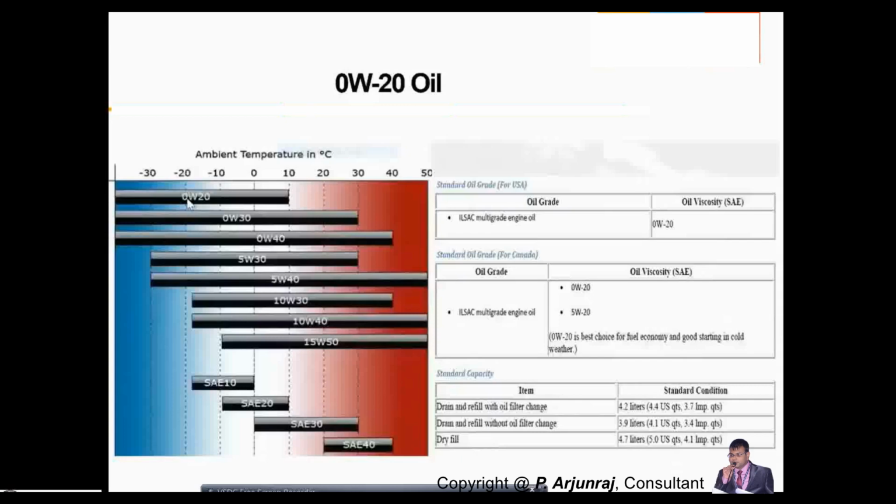So this zero indicates the temperature in the cold condition. It can range between minus 30 to plus 10 degrees.